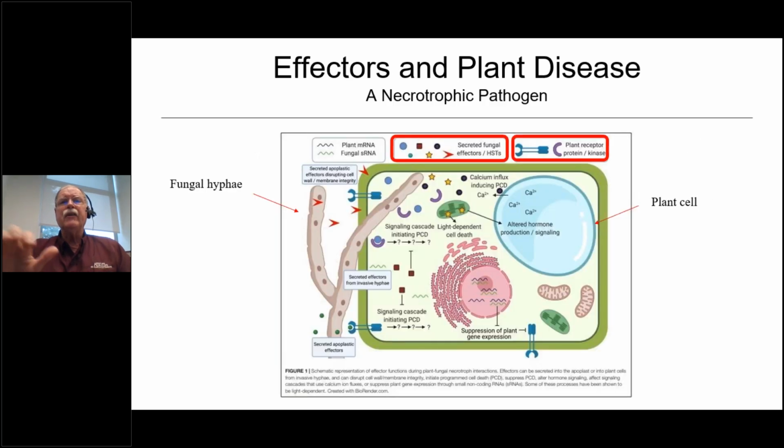So just as a reminder now, we've got all these interactions going on, and every one of these attributes that we see here, the effectors, the plant receptors, all of these are conferred by the genetics of the fungus and the genetics of the host, so that we end up having genes for resistance. We talked about this on Thursday.